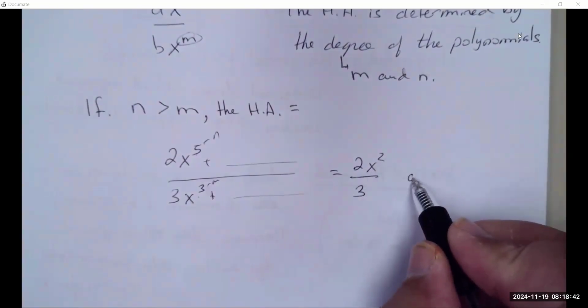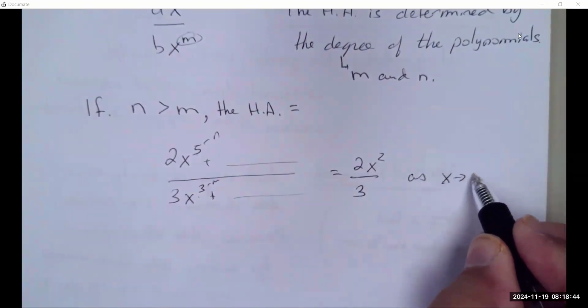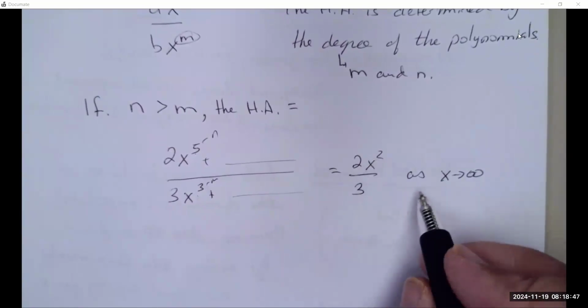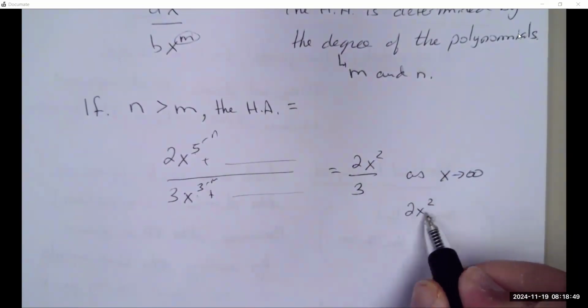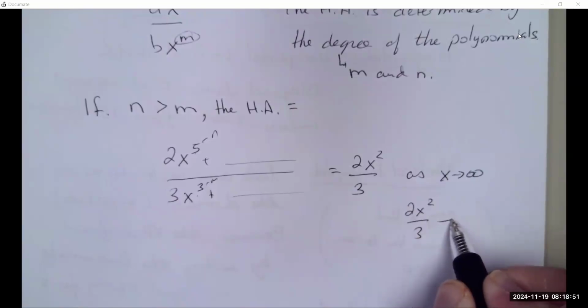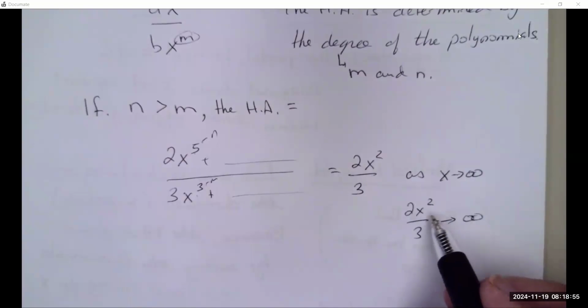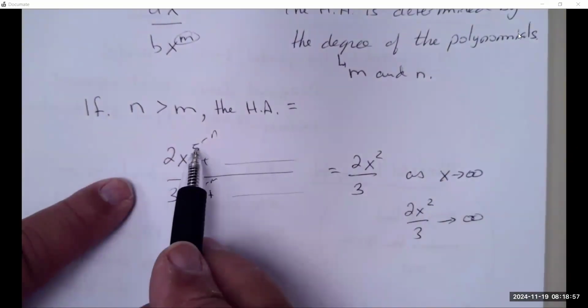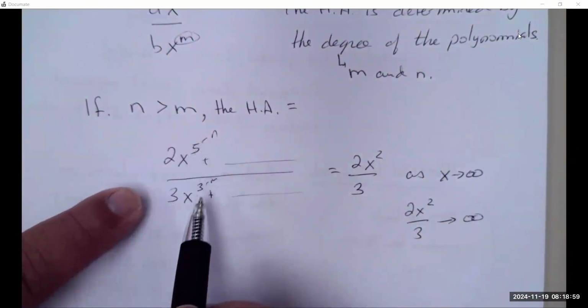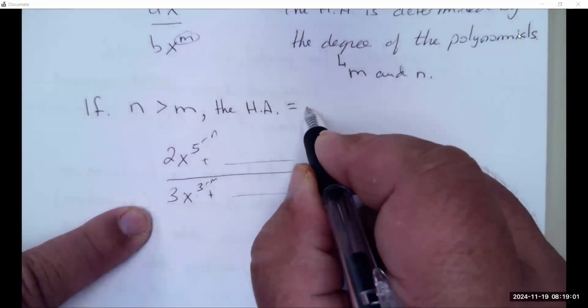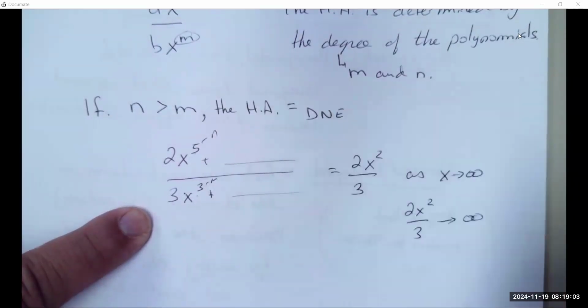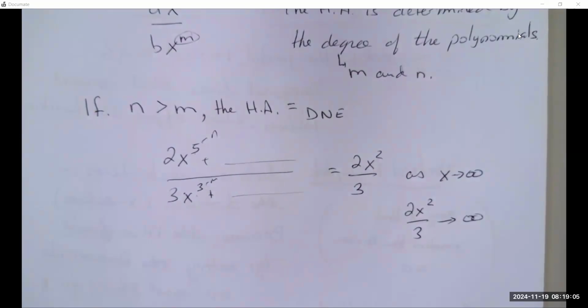Now, as x goes to infinity, what happens to this equation? It goes to infinity because the top number gets bigger, bigger, bigger. So if the degree of the top is bigger than the degree of the bottom, there is no horizontal asymptote because it goes on to infinity.